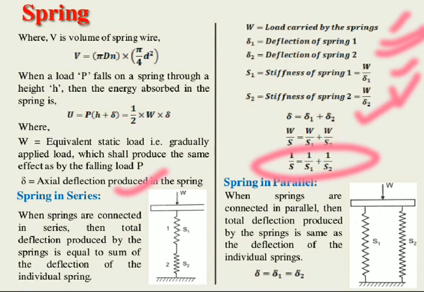Now if the springs are connected in parallel, you can get it through this figure that the springs are connected in parallel. If springs are connected in parallel, then the total deflection produced is the same as the deflection of each individual spring. That will be given by del equals del 1 equals del 2.